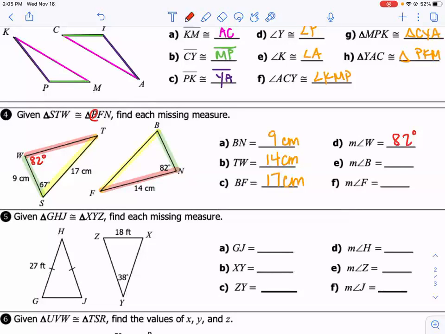B and S, okay. So 67 degrees. How do I figure out angle F? Stella. The 3 angles of a triangle add up to 180. So when we subtract it from 180, then we are going to.